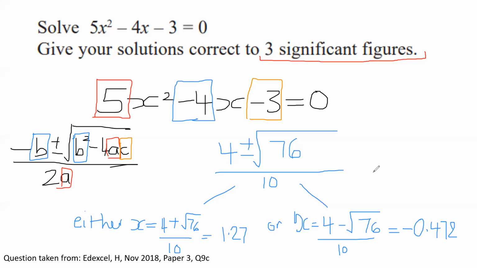So that's a quick run through of the quadratic formula. I think the hardest bit is actually remembering the formula itself and then making sure that you correctly identify A, B, and C. If for whatever reason this was rearranged, you'd have to rearrange it so that you have the x squared term followed by the x term followed by the number term in order to make sure that the A, B, and C are worked out well.